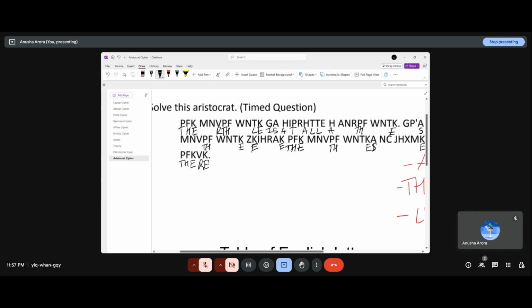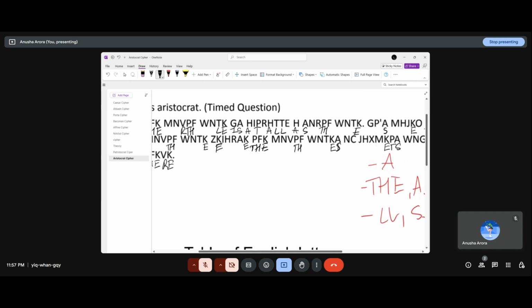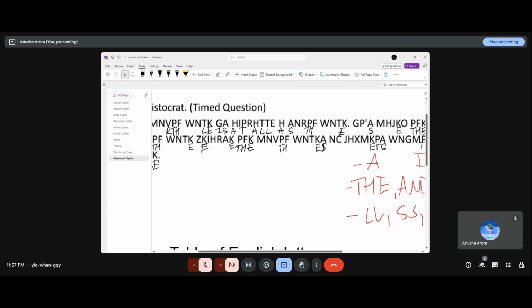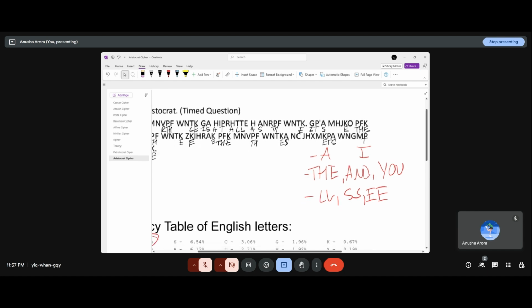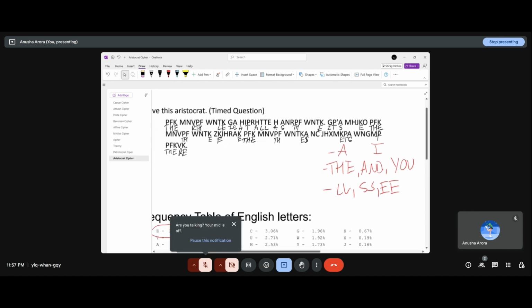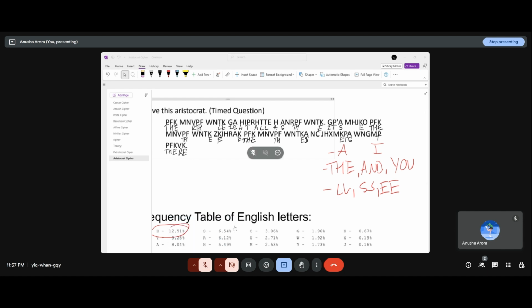Okay, so let's keep going. We have S here. We established that this was an I and this is a T, so it's. Anything else? So we have an H here.